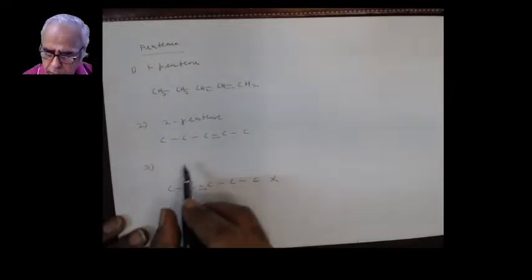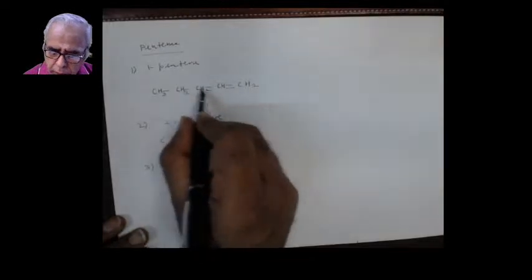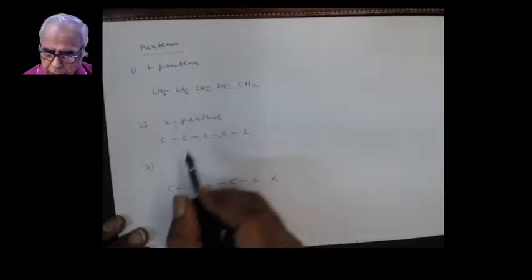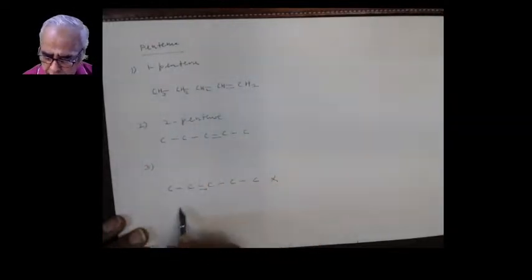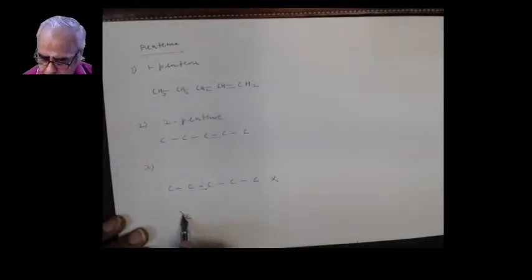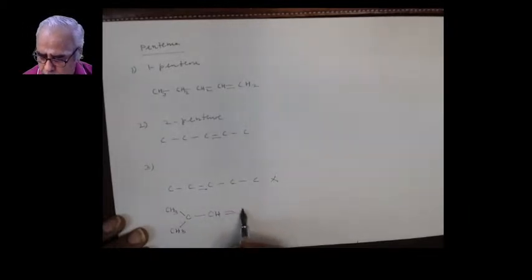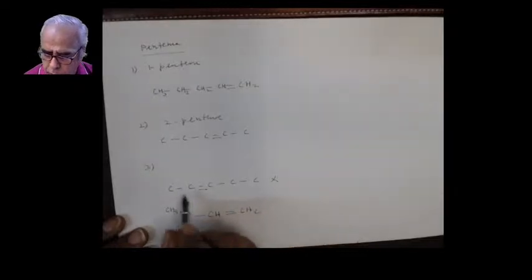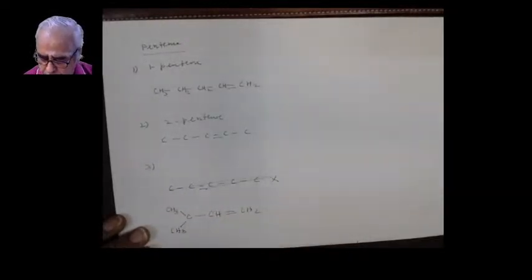But we can branch it and get another alkene. Let us branch this. Let me put CH3. So it's a different compound, different isomer. CH, so 1, 2, 3, and then put CH2. So this is possible. So let us remove this and insert this.